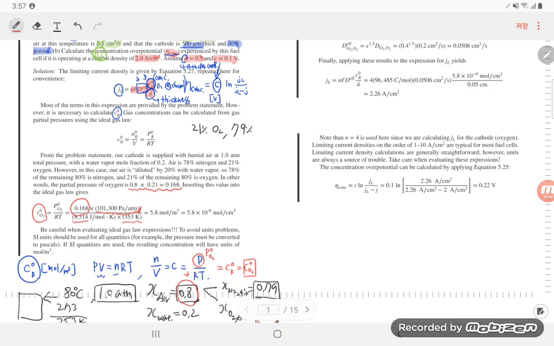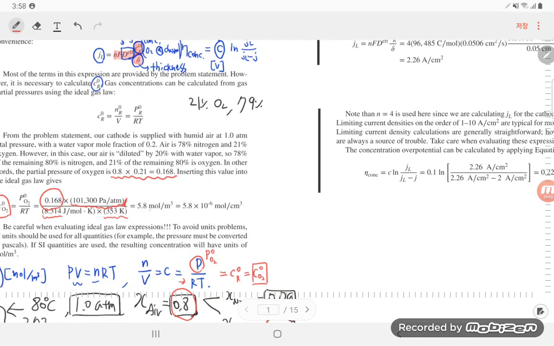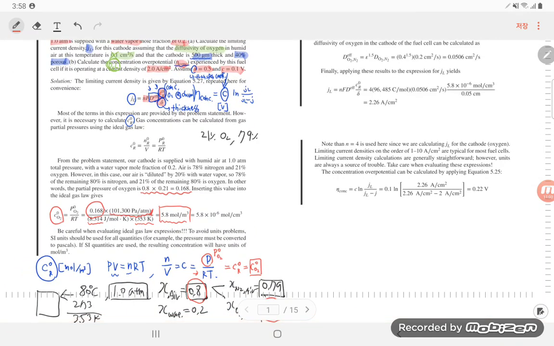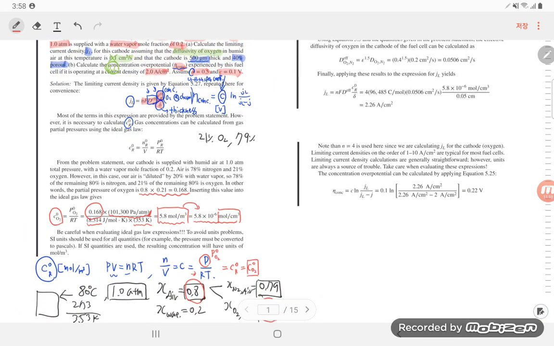Then now we get the concentration of the oxygen at the channel in the bulk state with a unit of mole per cubic meter. And for later calculation, we have to convert it into the unit of mole per cubic centimeter. So in here, be careful when evaluating the ideal gas law expression.